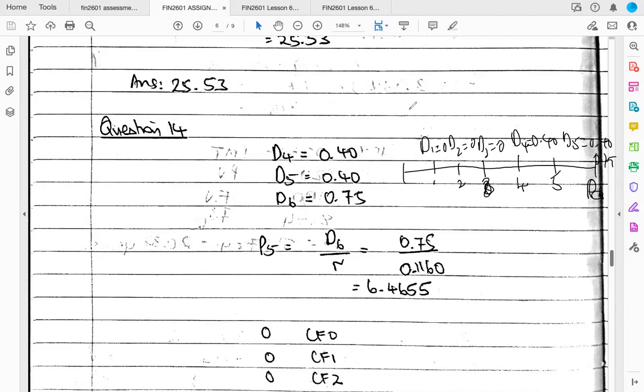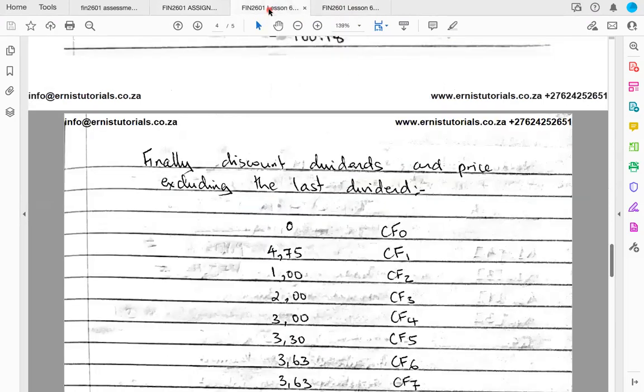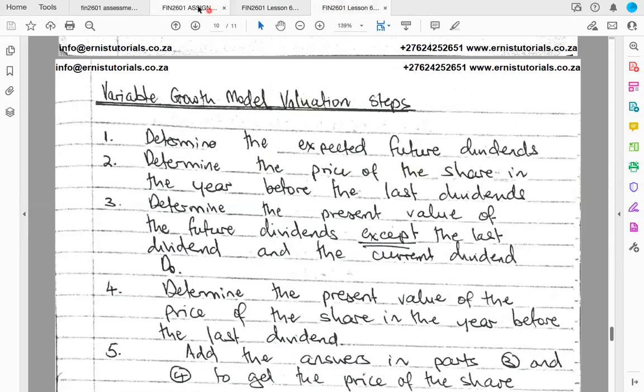Okay, so we already have our dividends. We've already determined all the dividends, right? So that's the first part. And then the second part is determine the price of the share in the year before the last dividends. Determine the price of the share in the year before the last dividends, right?